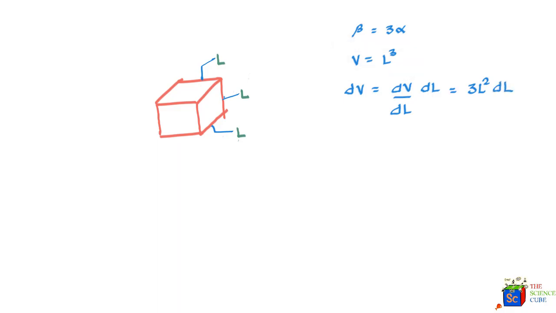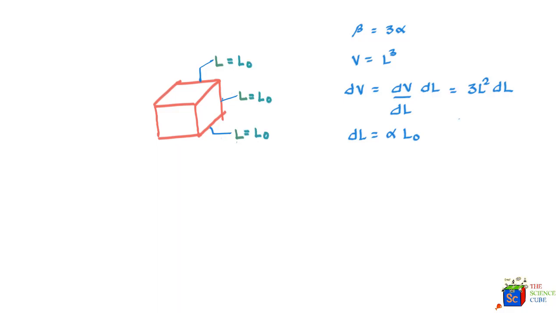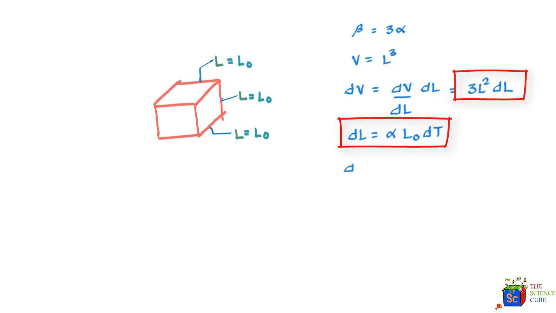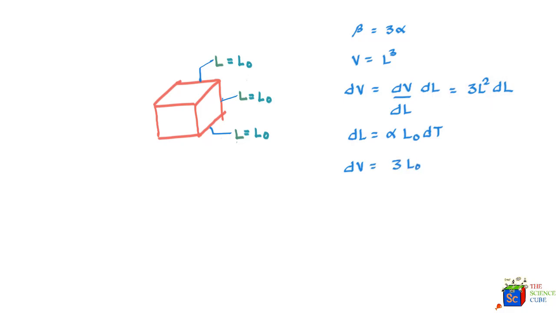Now, from the earlier part of the lesson, we have established that the change in length, that is linear expansion, is equal to alpha times L naught, and we are assuming, let's say, the length L is actually L naught, which is the original length, into dt, which is the change in temperature. So if we go ahead and substitute the value of dl over here, what you get is dV, or the change in volume, is equal to 3L naught square, because we assumed the length as L naught, into dl, which is alpha into L naught times dt.